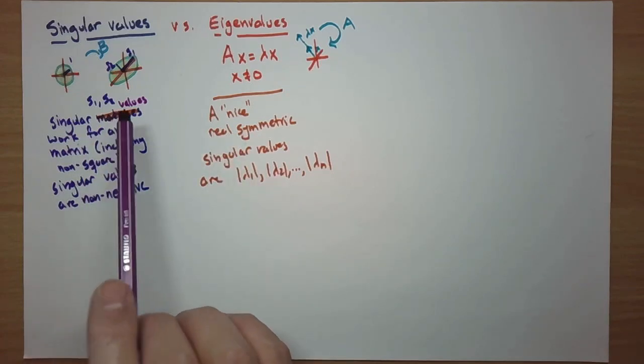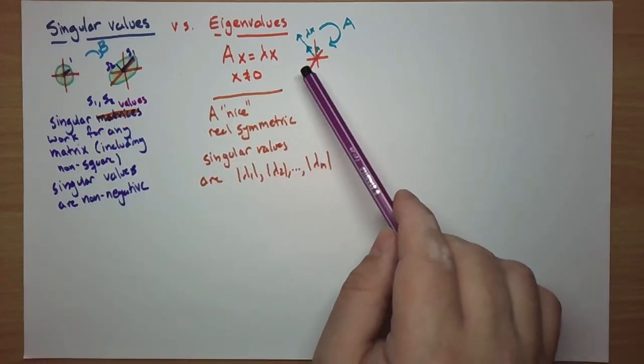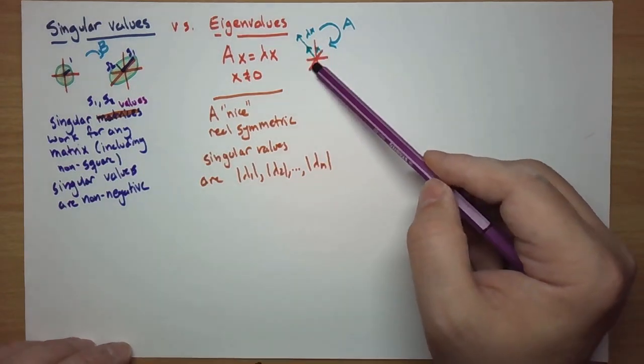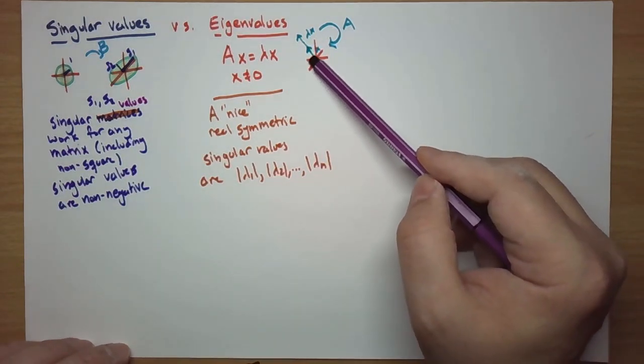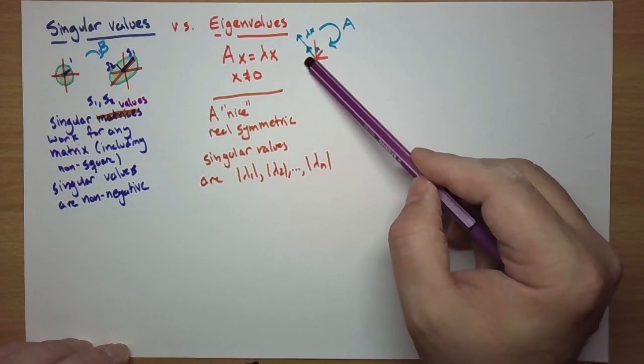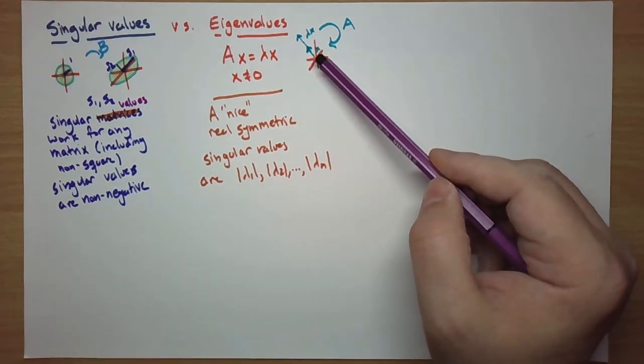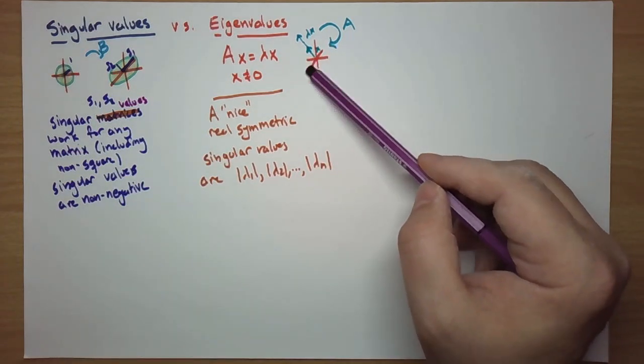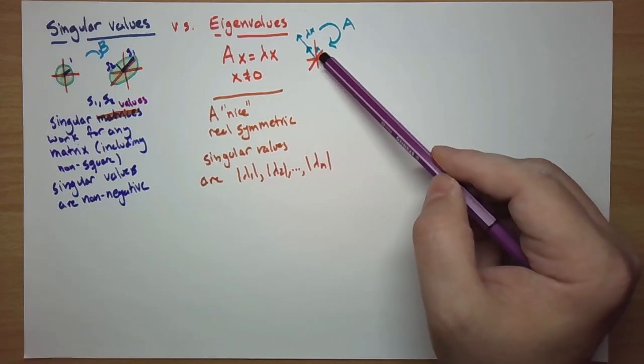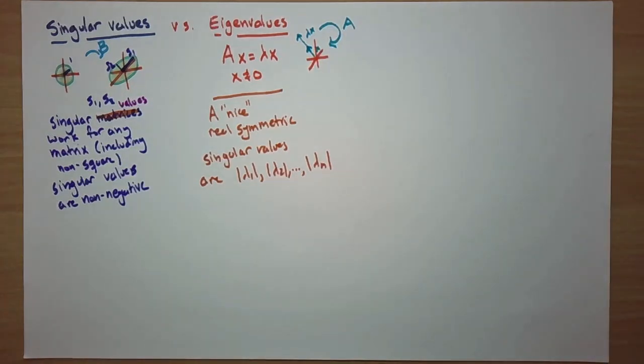So we start with our sphere on the inside, and we choose our original orthogonal directions, our radii, to be the directions of the eigenvectors. Now when we apply the map, we just stretch in those directions, and so the scaling factors are the singular values. Geometrically, it can also be seen that this is what's going on.